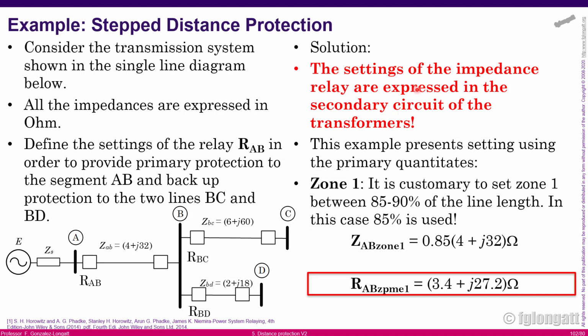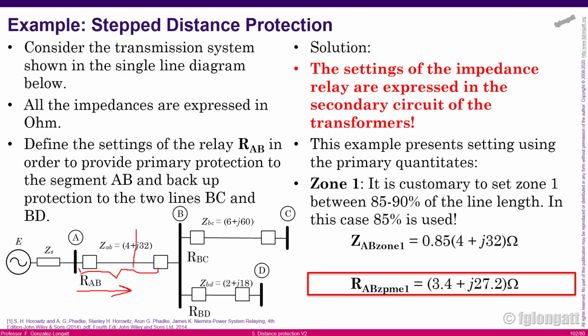Zone 1 is typically between 85 and 90% of the line, and the line that we are protecting is here because we have this relay here. We have the relay looking in this direction, and this is the line that we are protecting.